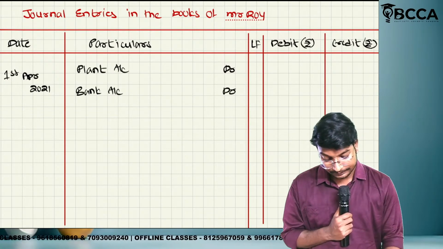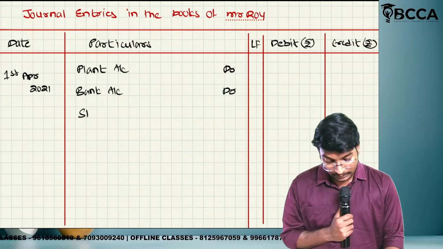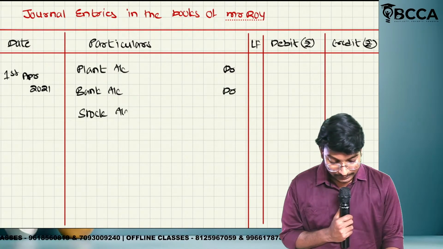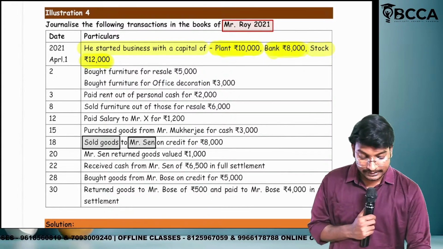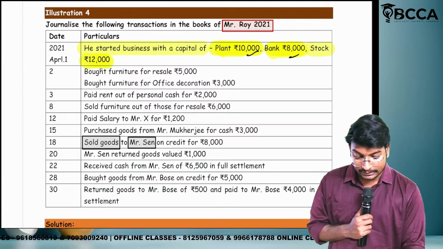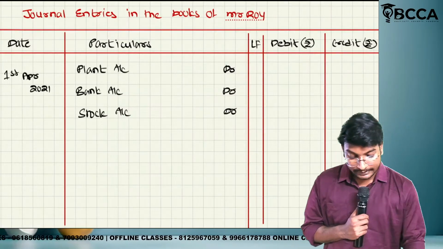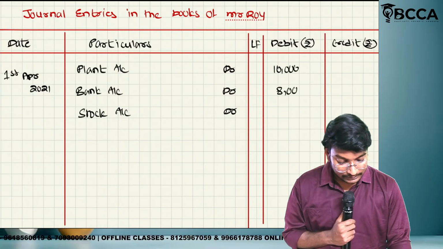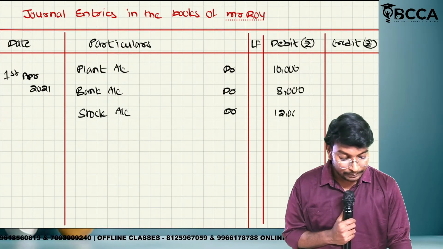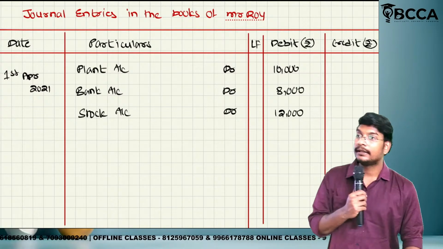Next one, stock account debit. So what is the plant amount? Plant amount is 10,000, bank 8,000, stock 12,000. We have debited, so that we are recording on the debit column.